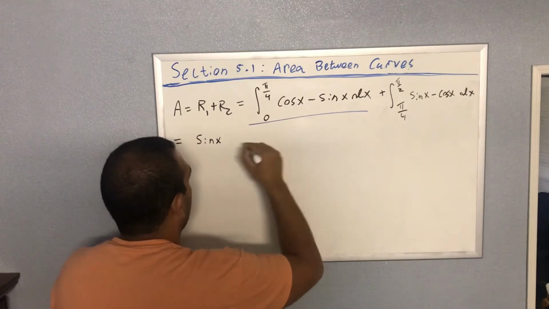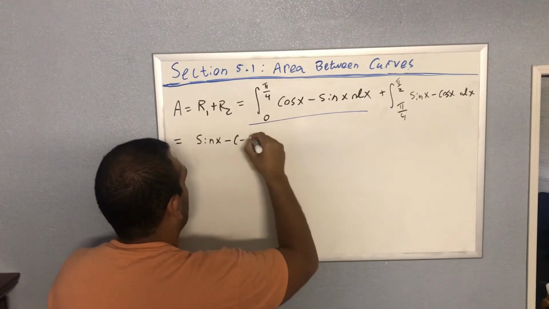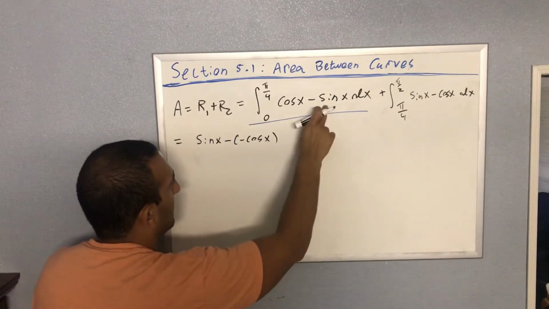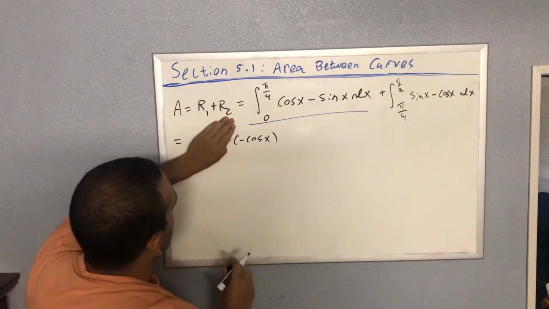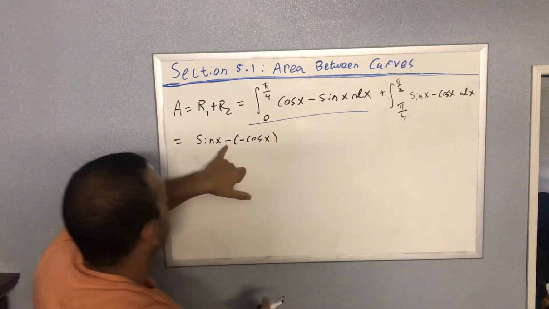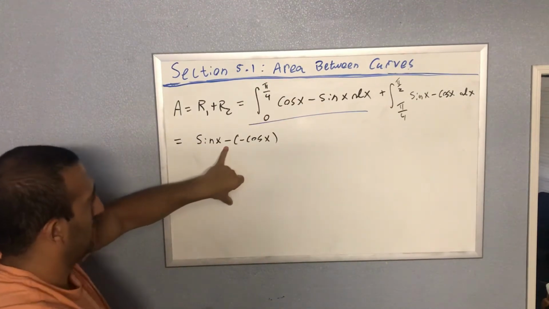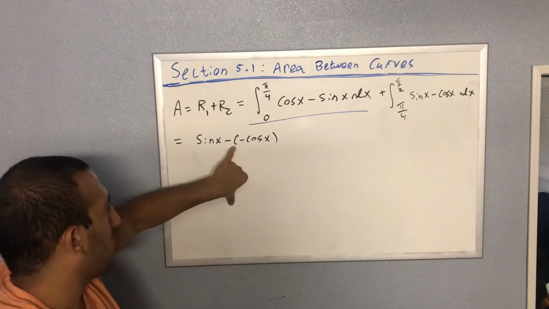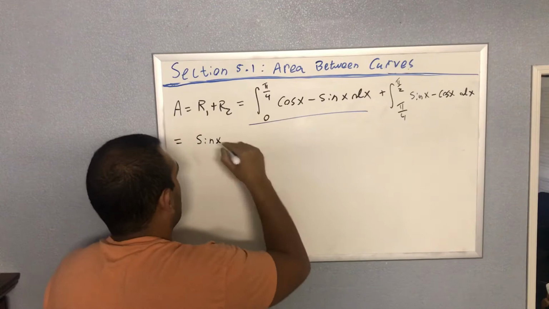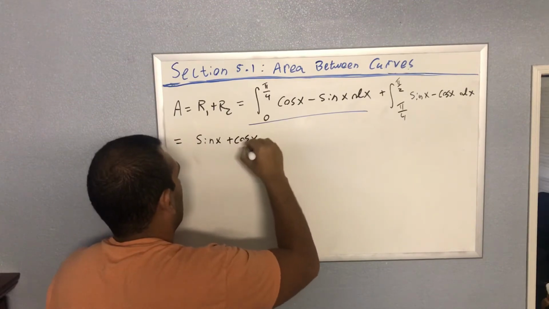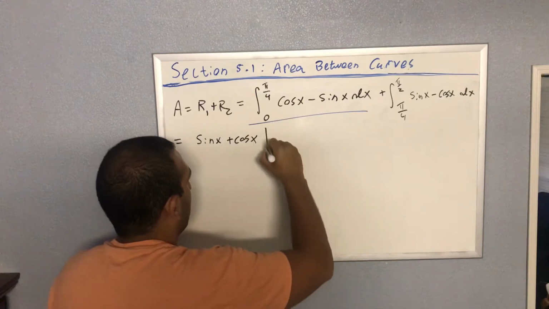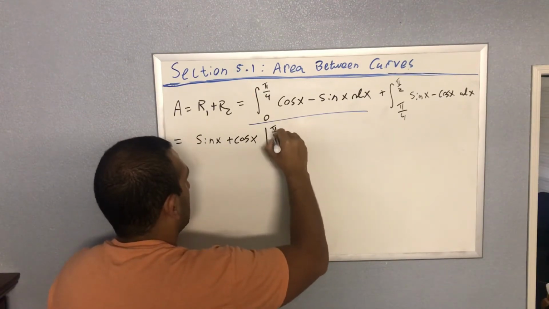And then minus negative cosine x. Remember, this is the integral of sine, because the derivative of negative cosine gives you sine back, and then this minus sign just comes along. So overall you have minus negative, which will just be plus. So this is plus cosine x. So that's the antiderivative, and then again, we're going to evaluate that from 0 to pi over 4.